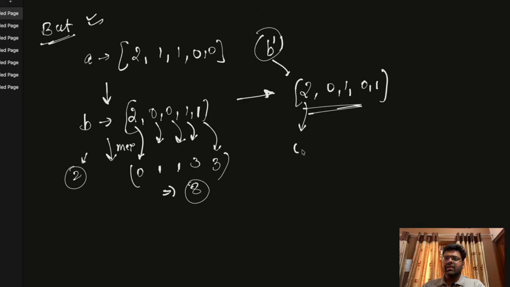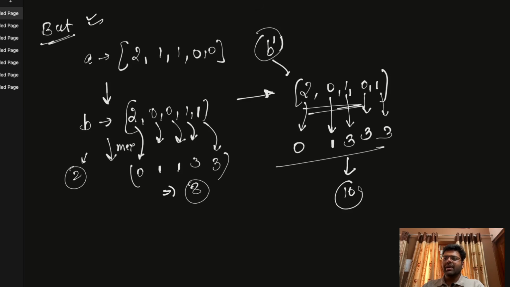Till here it is 0, till here it is 1, till here it is 3, till here also 3, and here also 3. If we calculate this value, it comes to 10. So we would be choosing this B dash arrangement. Although the max is the same, always 2, the total here has increased, so we would be choosing this B dash array.